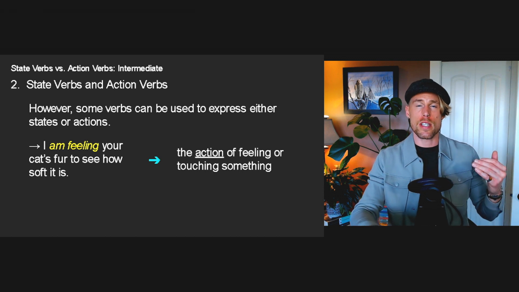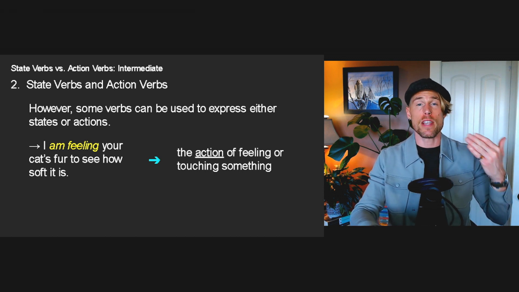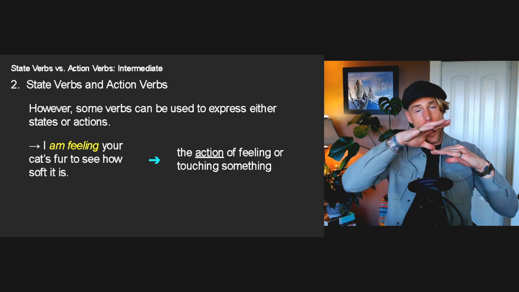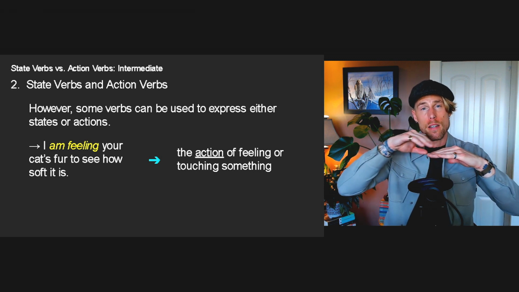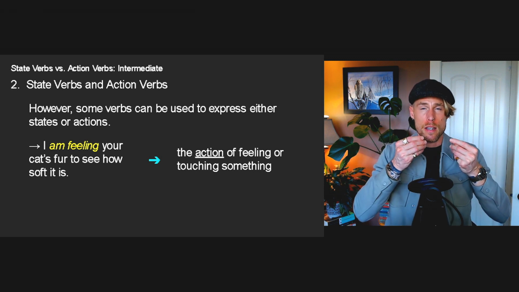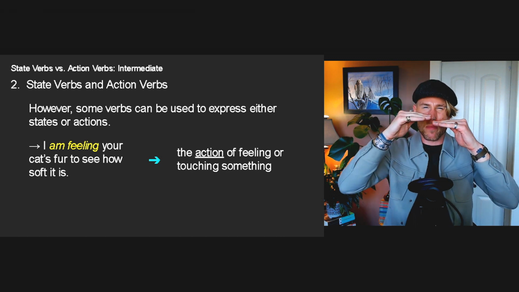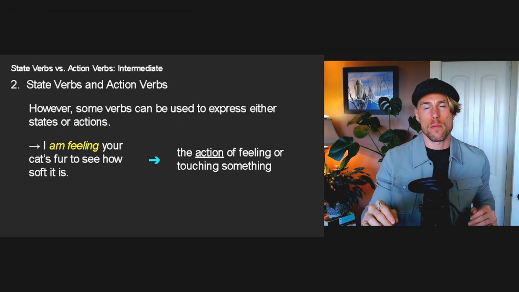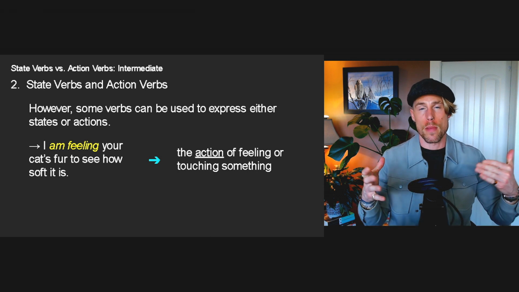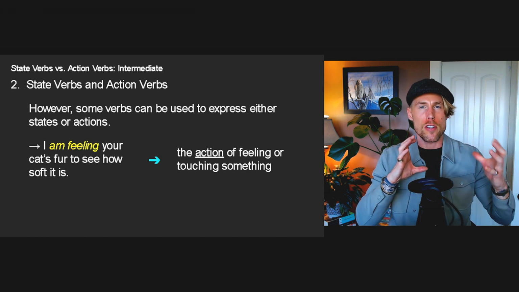So in this example, I am feeling is an action. I am touching the cat's fur to see how soft it is. Is it very soft or a little bit soft? I'm trying to determine this amount of softness.